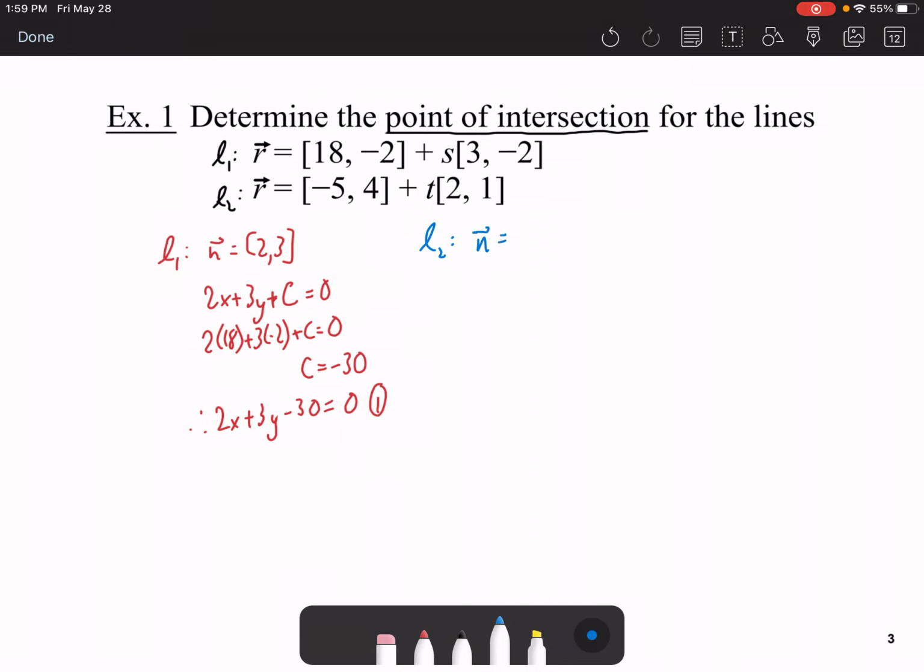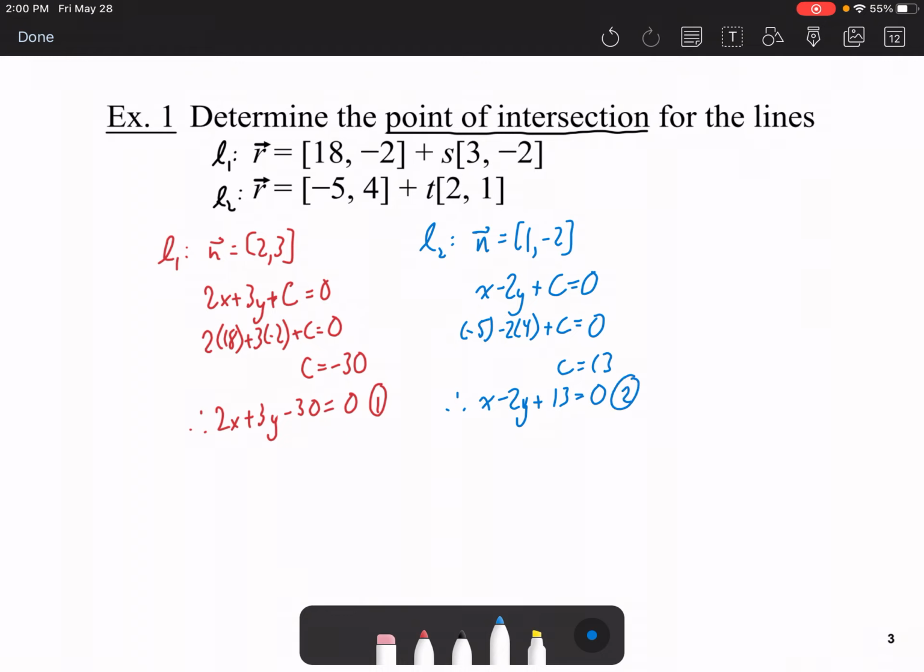I'm going to strategically choose that normal to be 1 and negative 2, because that one gives me a leading coefficient that's positive. And now I'm going to figure out the rest of the equation by substituting my point in. And I'll call this equation 2.